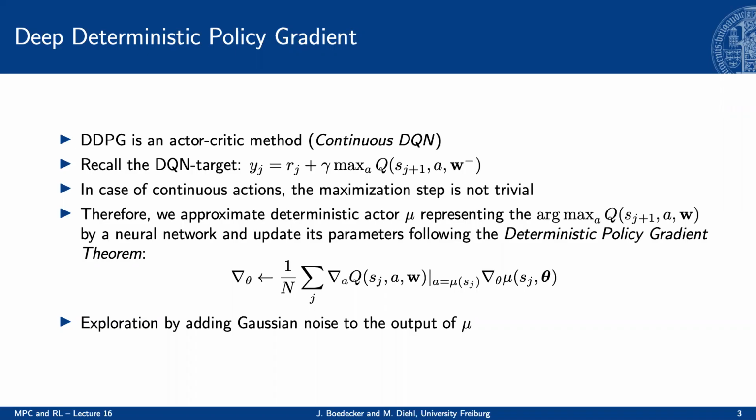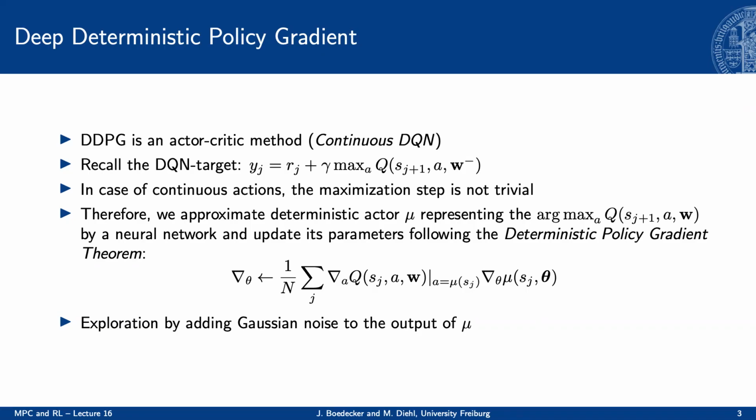The idea behind these actor-critic methods, and this deterministic policy gradient theorem, is that you basically want an actor that we call mu, which itself has parameters theta. We want to train it so that it actually represents the argmax over A of this Q at S_{j+1}, A, for the given action that we will take, and the parameters W.